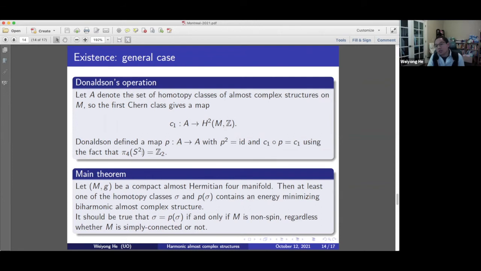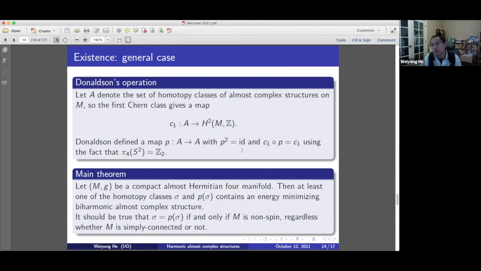Since this operation happens locally in a ball, and the first Chern class is just information from the 2-skeleton, since it's H2, it will certainly not change the first Chern class. And since this Z2 has only two elements, P squared equals identity. The only thing that I did not know is whether P itself is the identity or not on this homotopy class.